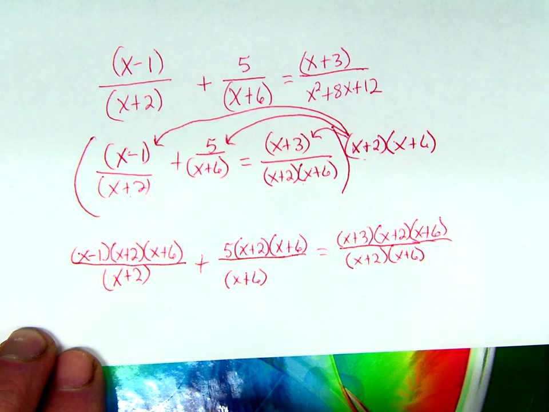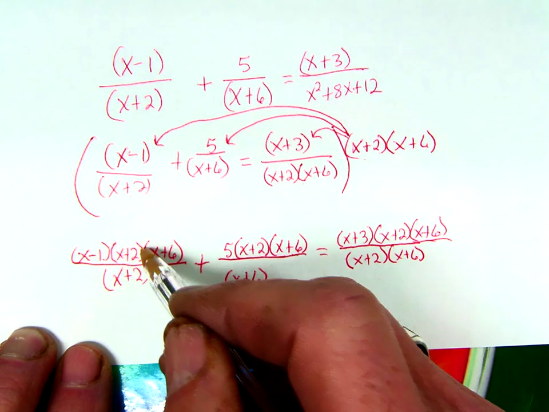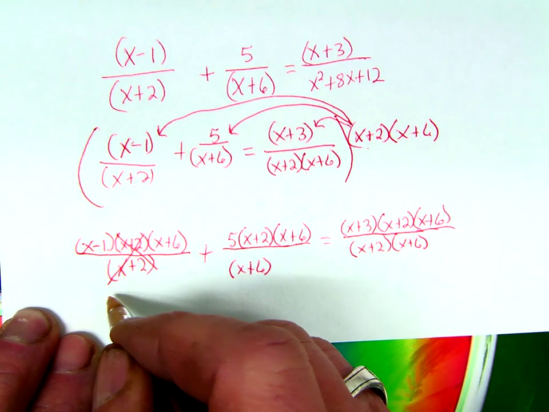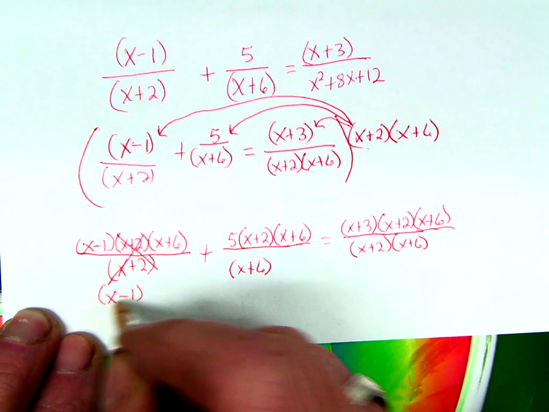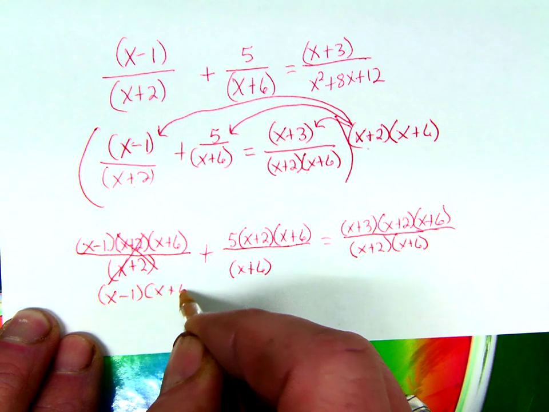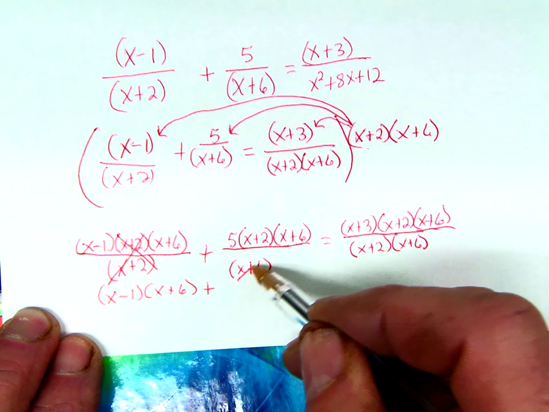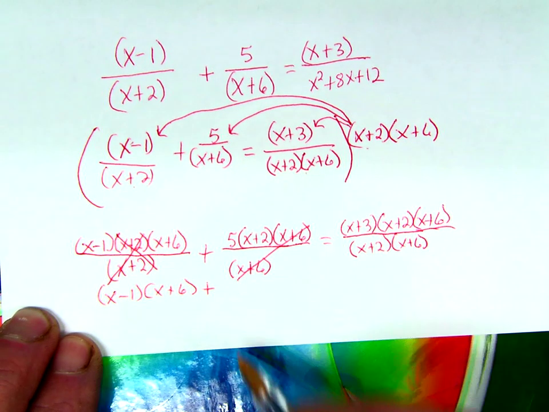Here's the beauty. This x plus 2 and this x plus 2 cancel out. And I end up with x minus 1 times x plus 6. This x plus 6 and that x plus 6 cancel out.